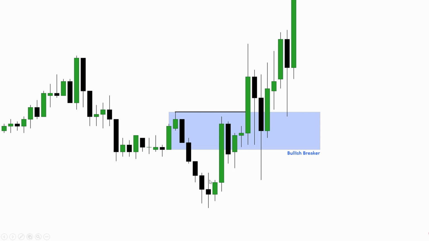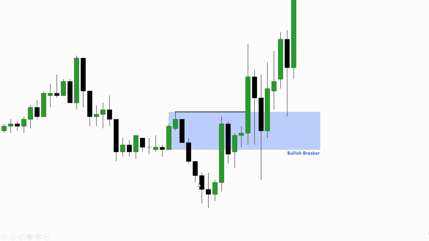ICT mentioned that a breaker is not actually price breaking above this high and then returning back, because we're not breakout traders. We can anticipate the breaker formation as we see here, before we see this breakout. We can anticipate it down here and inside this leg that is going up. We could potentially enter from this fair value gap and or this inversion fair value gap because it's in the premium.